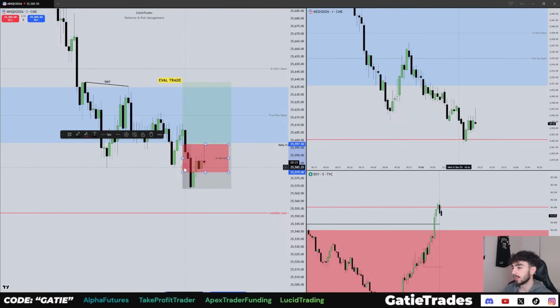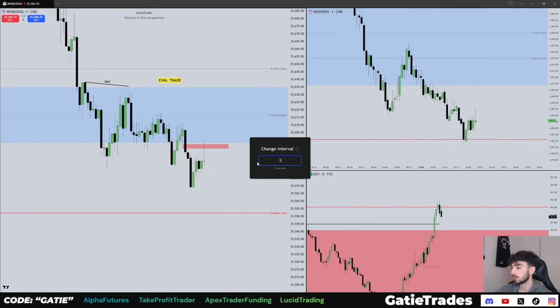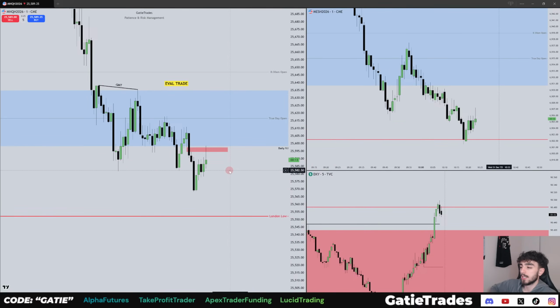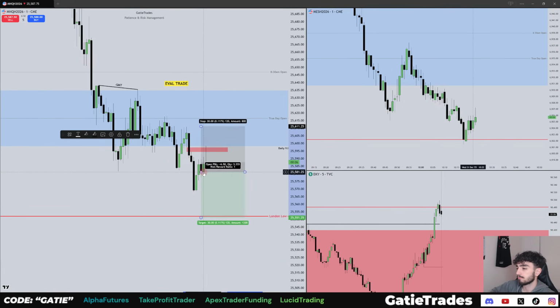So I would have been hit break even there on the short. I don't want to take a low of day protraction where there's SMT at London lows. I really don't. It would look like this.